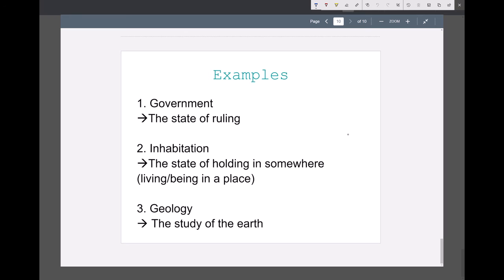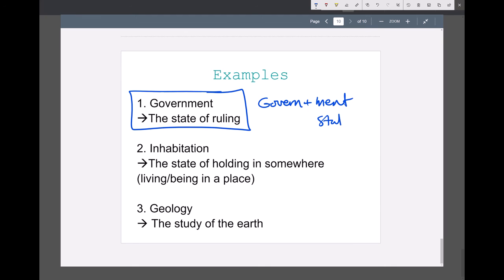So here's an example. See if you can break this word down, government. You can look at the chart from before, and you can see the parts are broken like this. To govern is to rule, and then ment. So that's the state of ruling, or to rule.